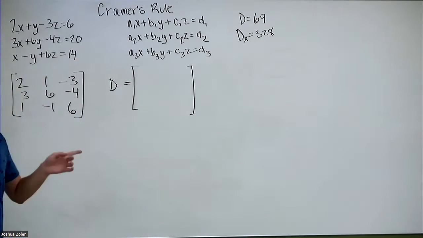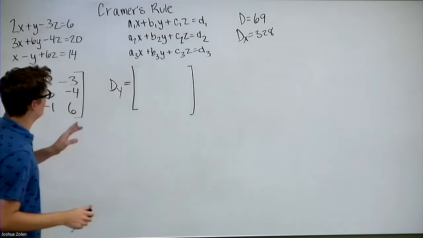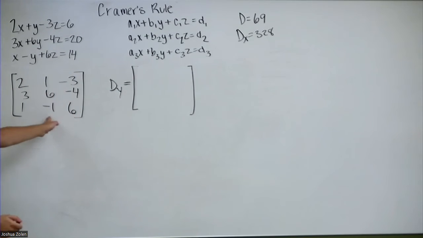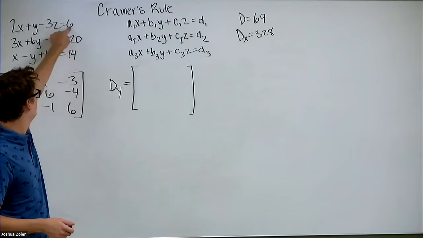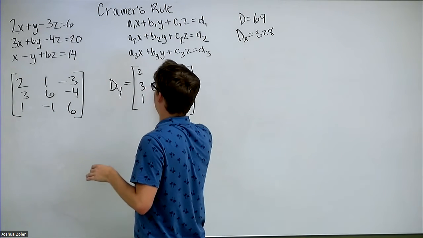So now we figured out the determinant of x, we're going to switch to the determinant of y. And like I said before, in order to do that, we're going to switch out the second column for these d values right here. And that means the first and the third columns are going to stay the same as well.